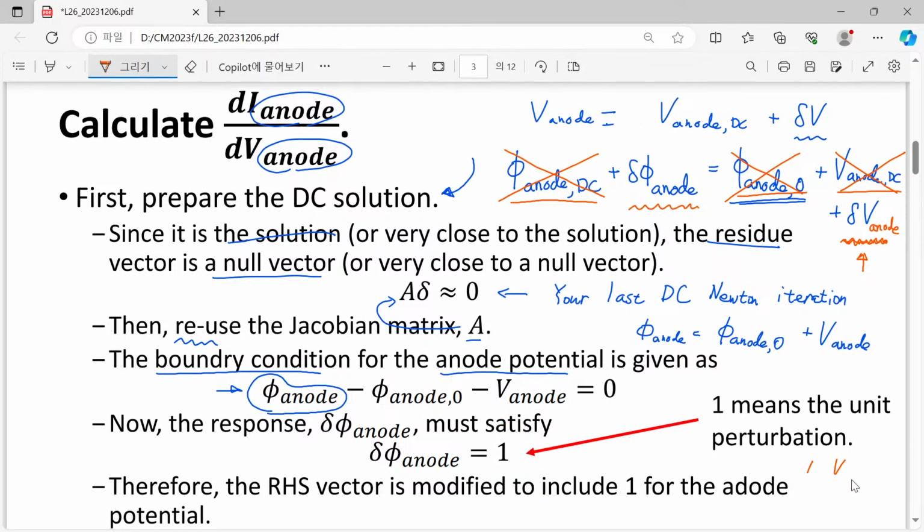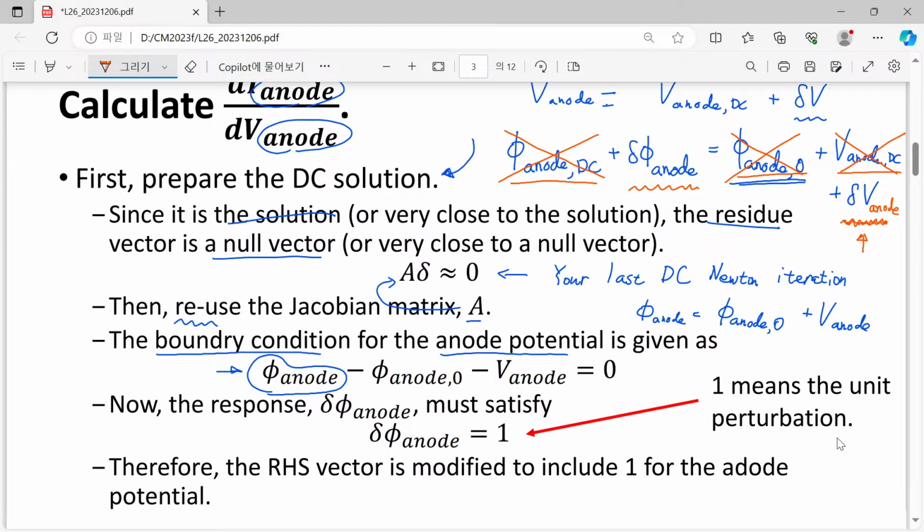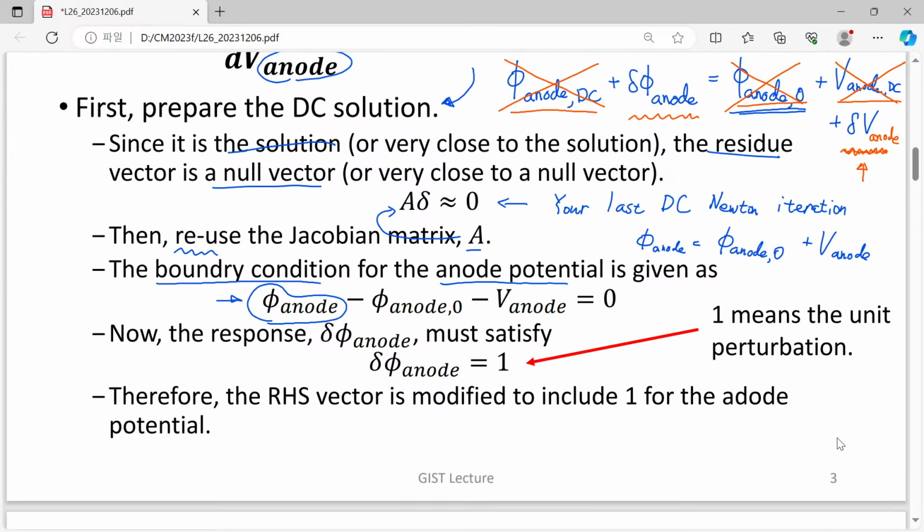So now, if we adopt this, our system is A times delta equal to something. Previously in the DC case, it was just an identical null vector.